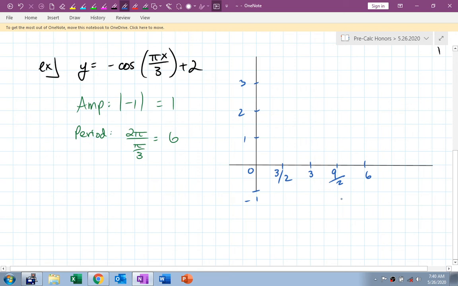Right. So originally what we would have would be starting at negative 1, ending at negative 1, because it's upside down, topping out at positive 3, and then crossing through. So we would originally have something like this without that plus 2. But then what we have to do is take this whole graph and shift it up, well, not just 1, but 2.